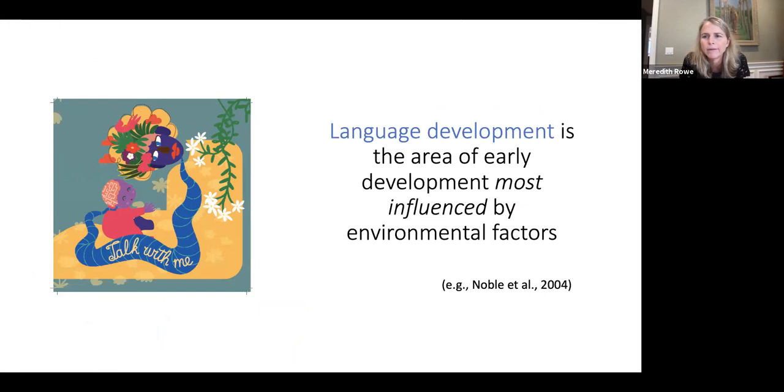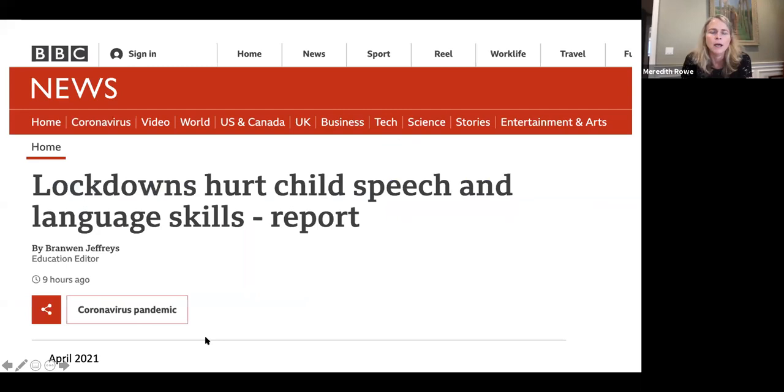They looked at different domains of development: memory, language development, executive functions, etc. And language development is the area that is most influenced by environmental factors, which is also one example of the environment affecting.